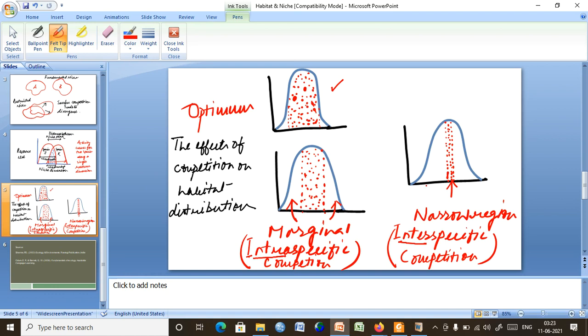So this is how species react in intraspecific and interspecific competition. There is a general pattern that niches show a narrow representation with interspecific competition.